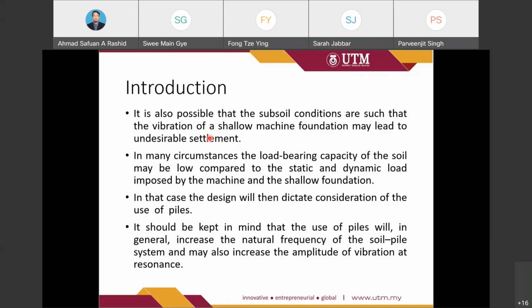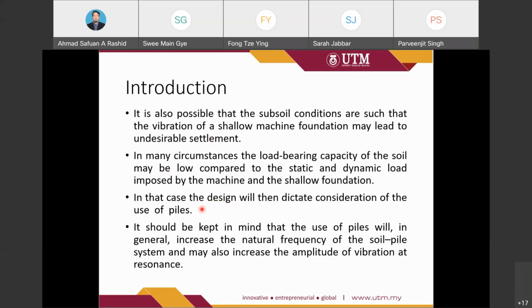In many circumstances, the load bearing capacity of the soil may be low compared to the static and dynamic load imposed by the machine and the shallow foundations. In that case, the design will then dictate consideration of the use of the pile.